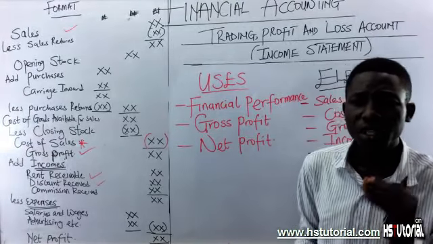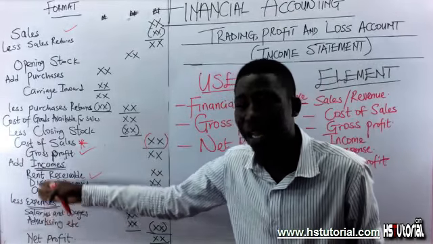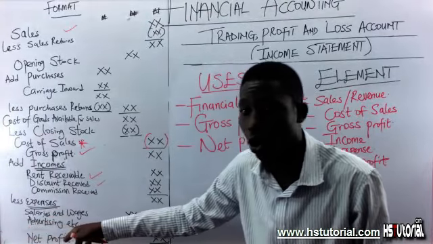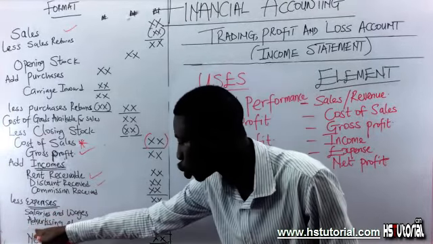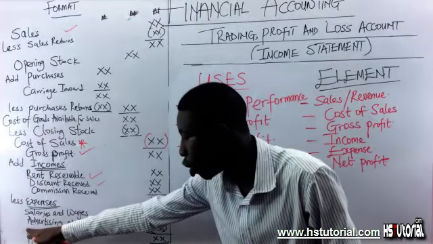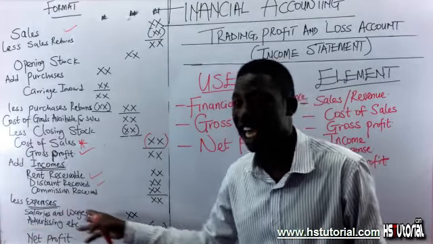If you are having an increase in provision, you will have to make it part of the expenses. You will have to add another line to your expenses and say provision for bad debt, and you write the figure as part of your expenses.